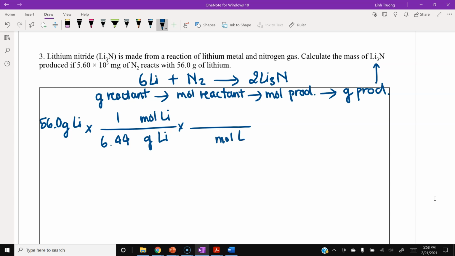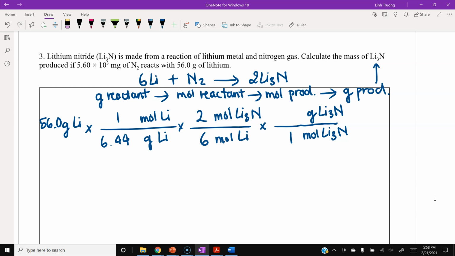Mole of lithium goes at the bottom so it cancels out, and mole of lithium nitride at the top because you want to keep it. Looking at our balanced chemical equation, I know that the ratio is 6 to 2. Then you want to convert that to gram of lithium nitride, so you put mole of lithium nitride at the bottom and gram of lithium nitride at the top.